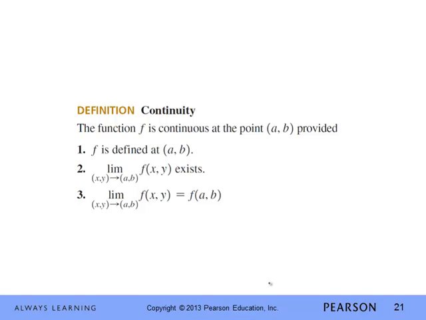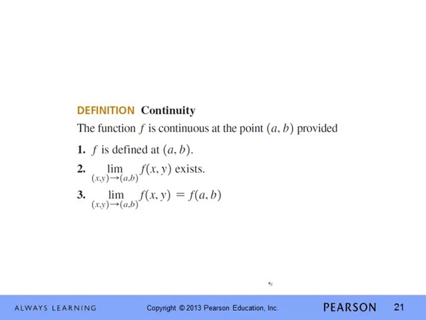Well, the function is continuous at a point, provided that the function is defined at the point, and that the limit as (x,y) approaches that point exists, and that the limit is equal to the functional value at the point. Same definition as for the one variable function.